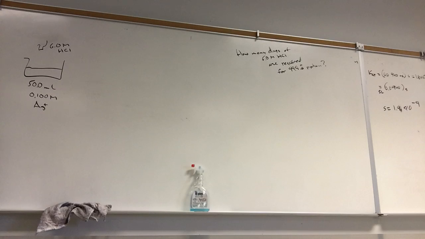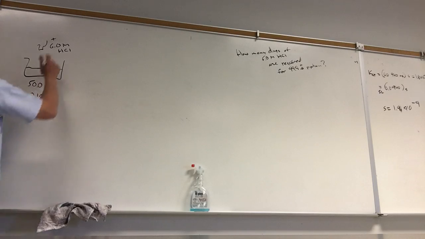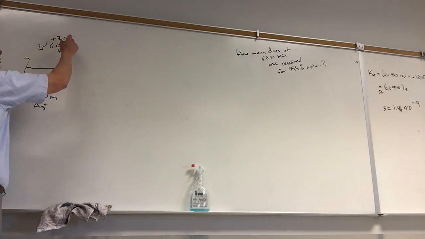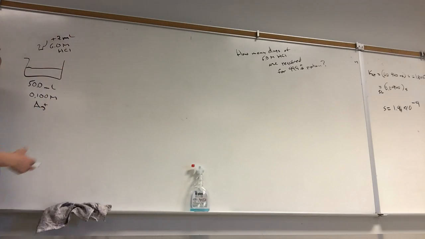That we don't know, right? And so I'd like to call it plus maybe Z drops, but it's a hassle with the units. So we want to keep the units the same. So let's call it plus Z milliliters. And then convert milliliters to drops once we figure out how many milliliters that is. And so this is our unknown. Our unknown's right at the beginning.